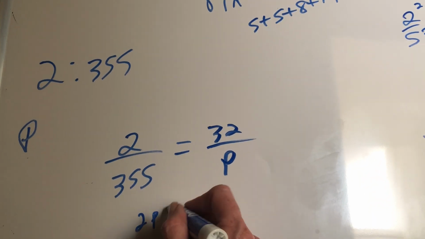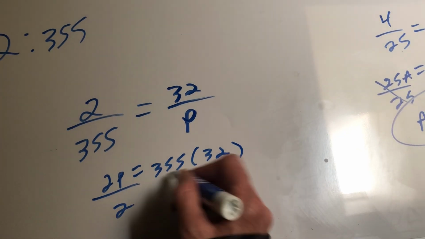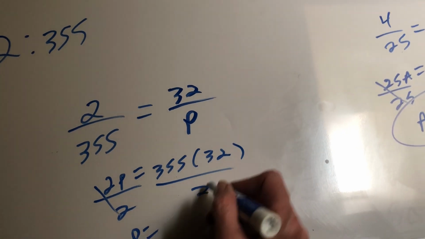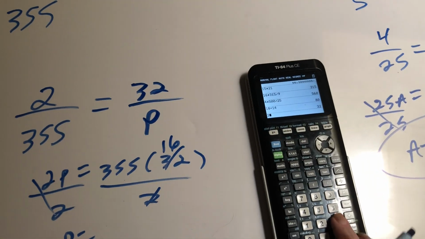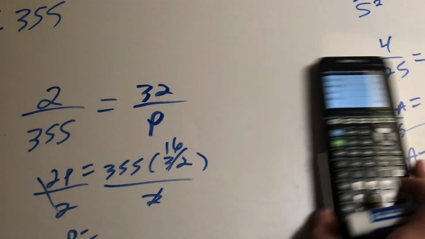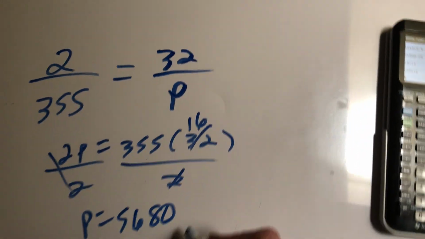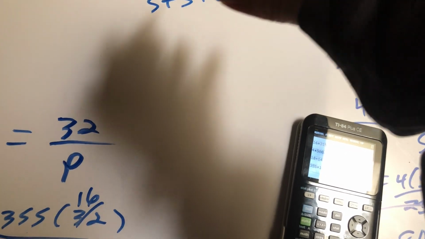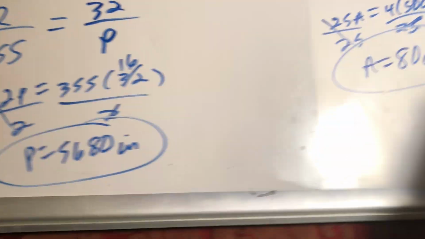So then I'd have 2p equals 355 times 32. Divide by 2. 2 goes into 32 and leaves a 16. And so now I'm just doing 355 times 16, which is 5680. And this right now is in inches. So we're just going to leave it in inches, because it just says find the perimeter and area of the actual garden. It doesn't say we need to change it, so we're going to leave it in inches.